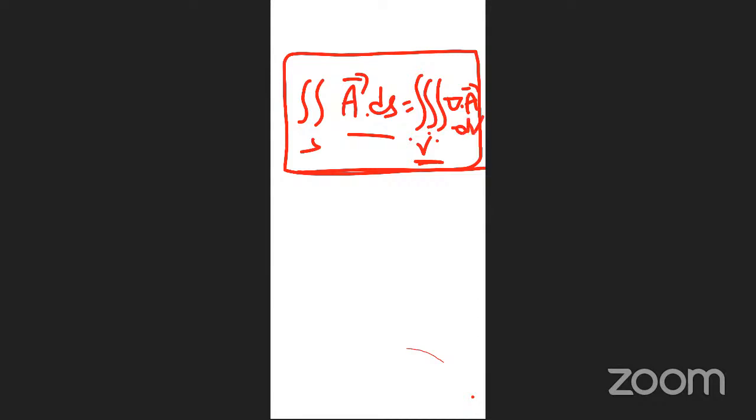Now the proof. The theorem states that the surface integral of A dot ds is equal to the volume integration of the divergence of A into dv. What is the proof?